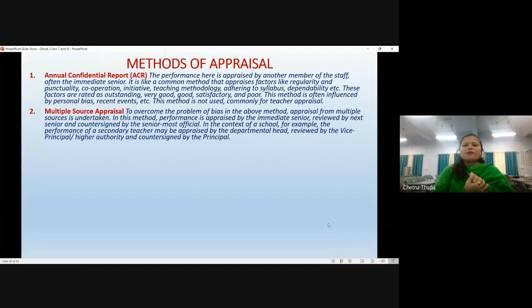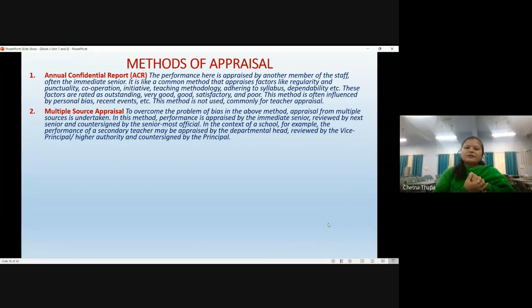In this method, performance is appraised by the immediate senior, and then whatever report is given is reviewed by the next senior, and then countersigned by the senior most official. Like when we talk about a school, for example, if you are giving a report about the performances of a secondary teacher, that will be appraised by the departmental head.